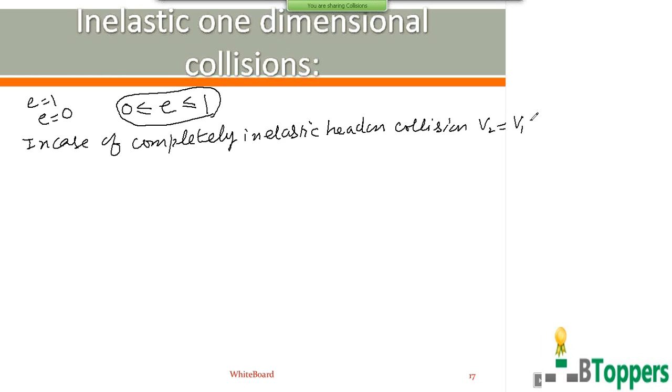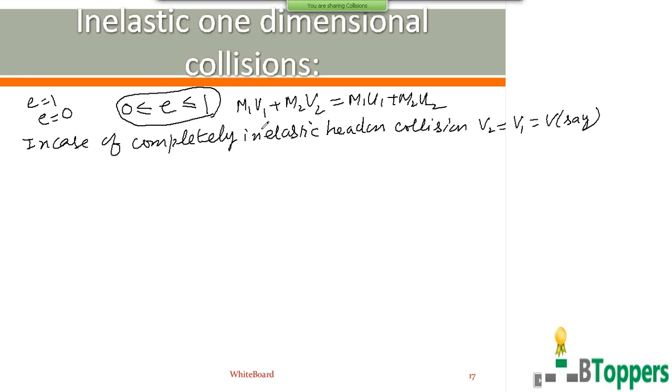v2 equal to v1. Let v denote the common velocity. For any one-dimensional collision, you can write m1 v1 plus m2 v2 equal to m1 u1 plus m2 u2.